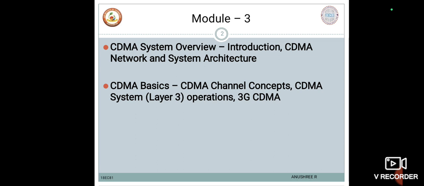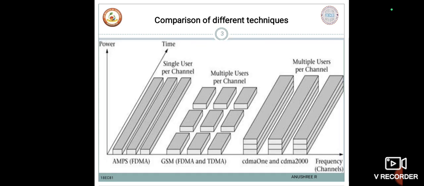module. Moving on further, let us first study how the CDMA technique came into existence, and what evolution took place before CDMA. Firstly, CDMA stands for Code Division Multiple Access.